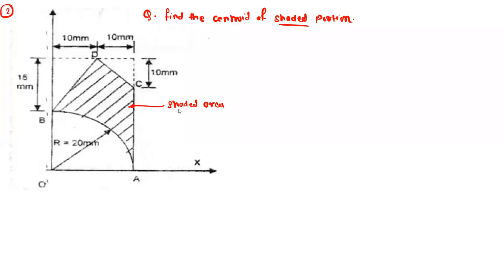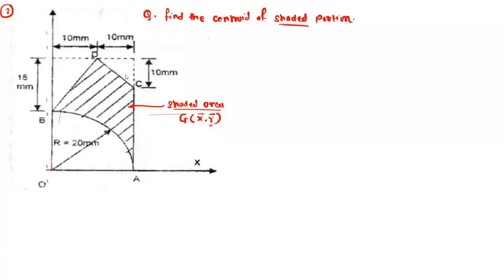For this shaded area we have to find the centroid, that is, the coordinates of centroid. So we have to locate G, x bar and y bar. x bar represents the x coordinate, that is the distance with respect to the origin along the x direction, and y bar represents the y coordinate, that is the distance along the y axis. So to find this G, x bar, y bar, observe the complete geometry.